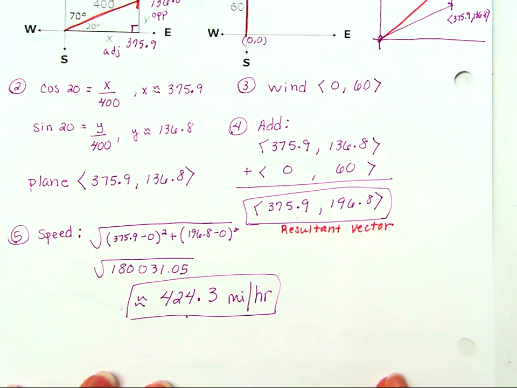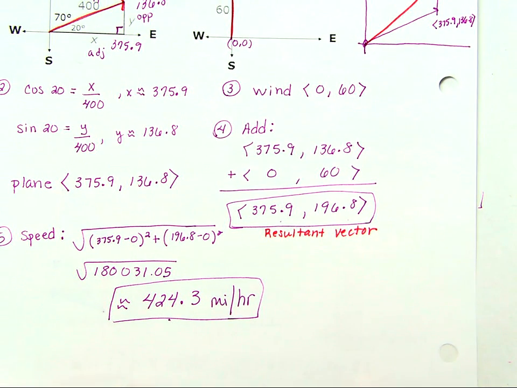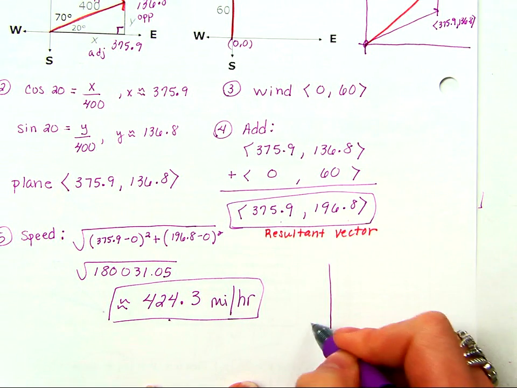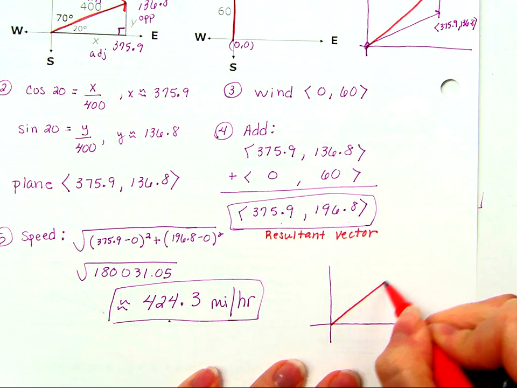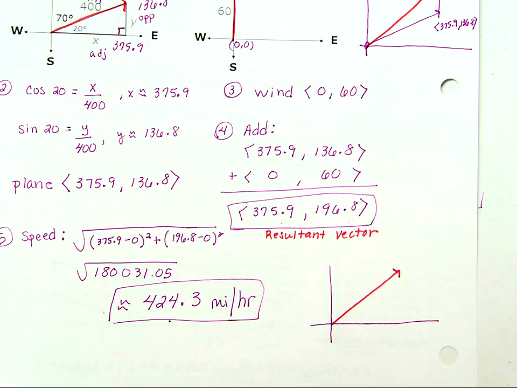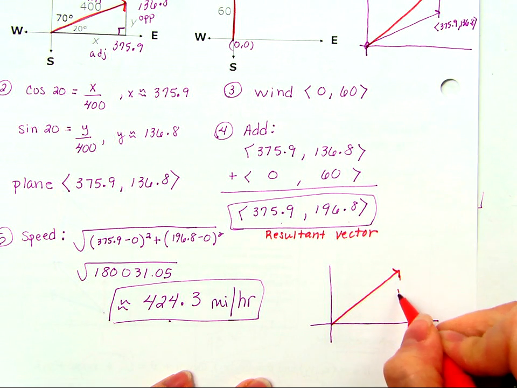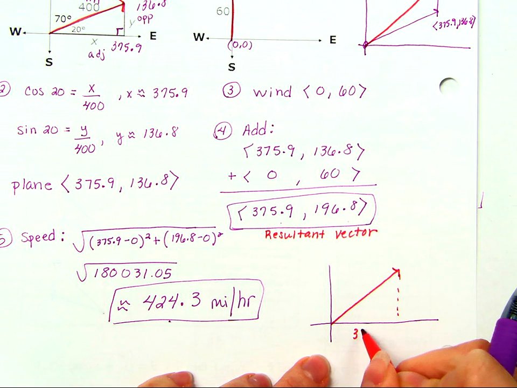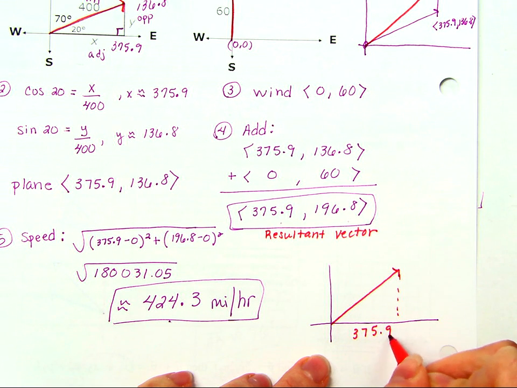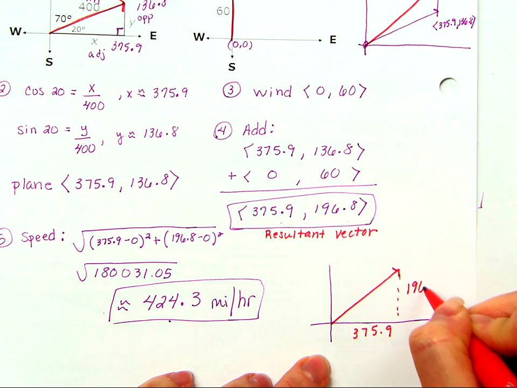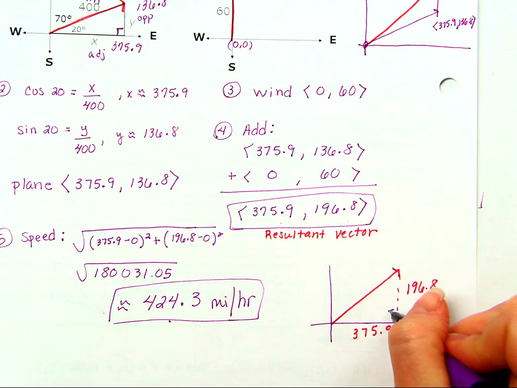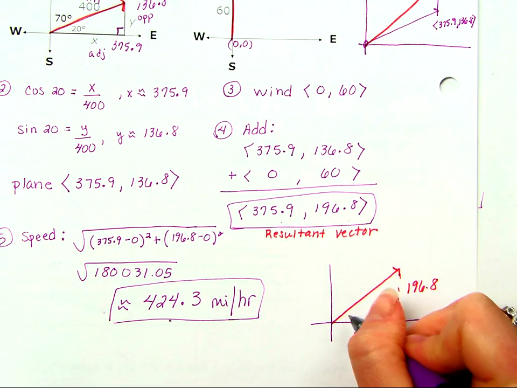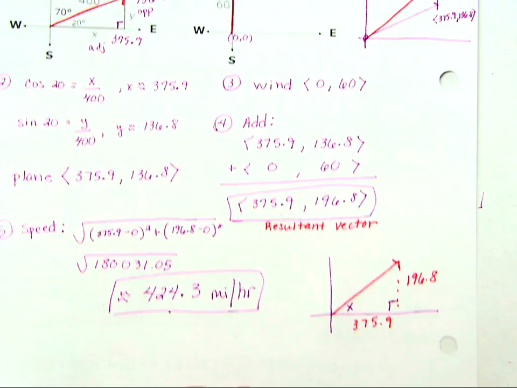Now, the final thing I need to do is think about finding the direction. How did it change my direction? So I'm going to roughly sketch again my resultant vector. I know for my resultant vector that this is 375.9, this is 196.8. And finding our direction, we actually want to think about finding x.